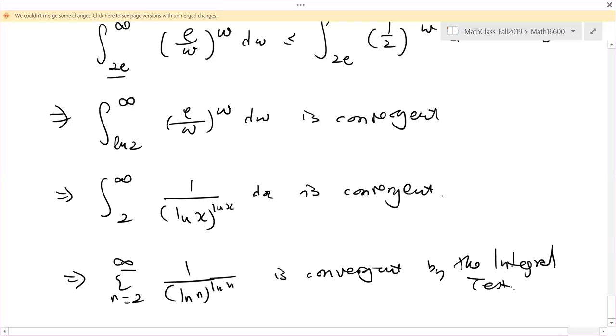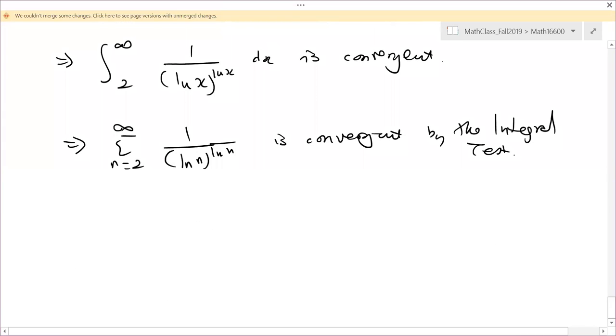Another way to look at this problem, which is a little bit more complicated, is to speak of the power: natural log of n to the natural log of n.